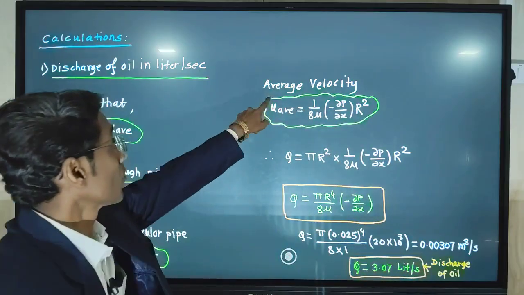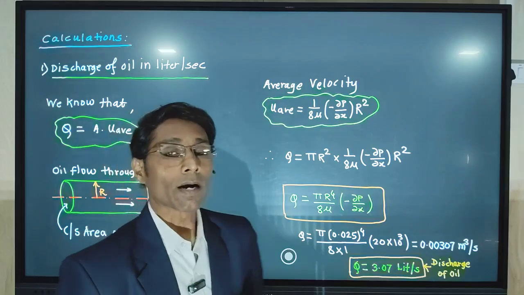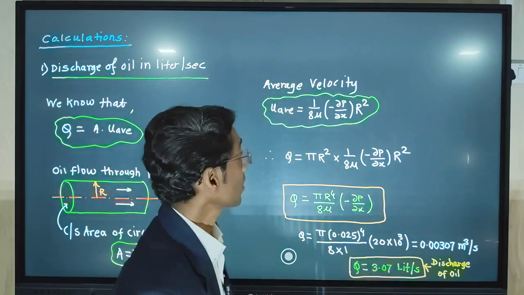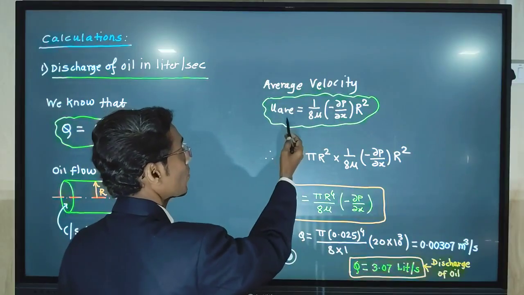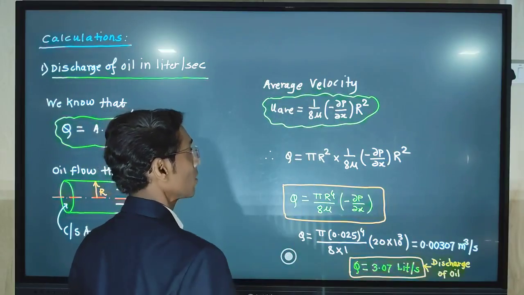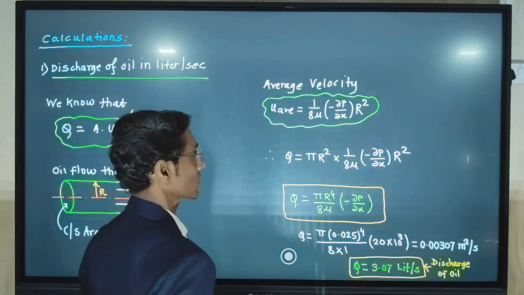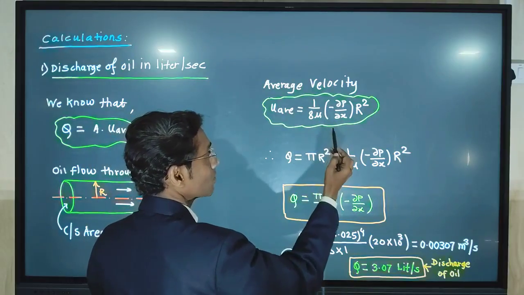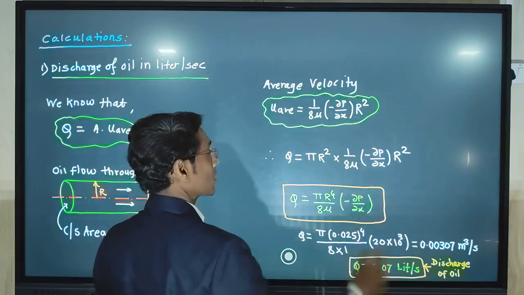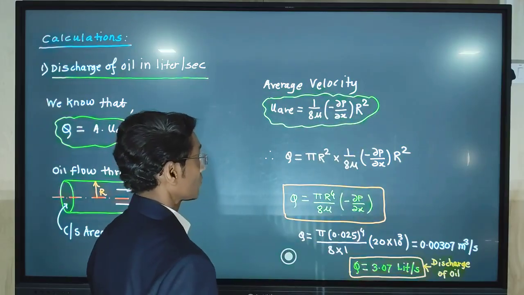Then from the theory part of this internal flow, the average velocity formula we use, that is U average is equal to 1 upon 8 mu, means dynamic viscosity, multiplied by pressure gradient into capital R square.